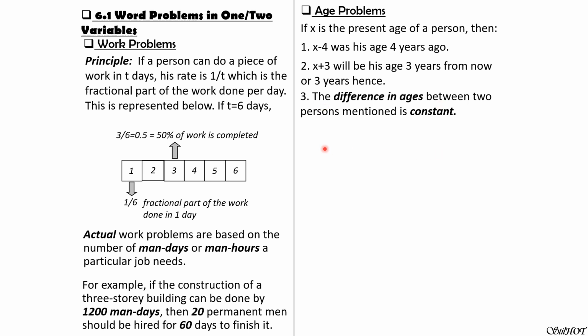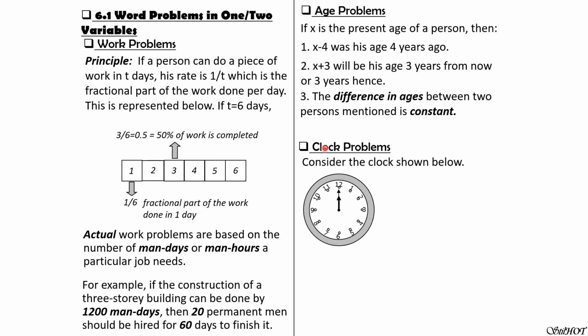So next is about the principles on clock. So let's consider the clock shown, and the clock reads 12 o'clock. So this one reads 12 o'clock. So what do we expect after 1 hour?